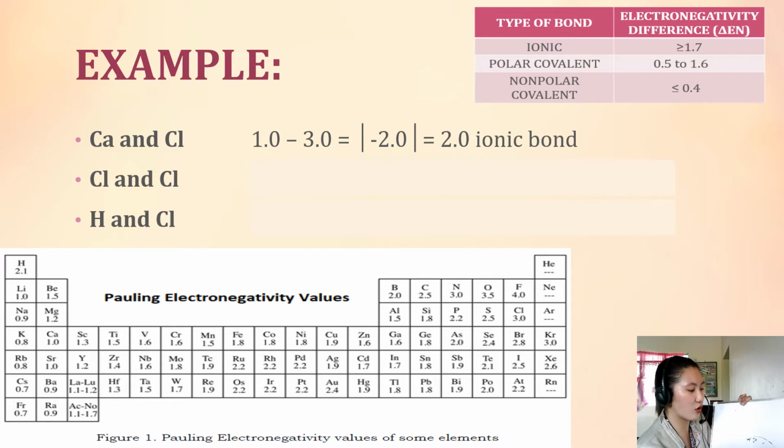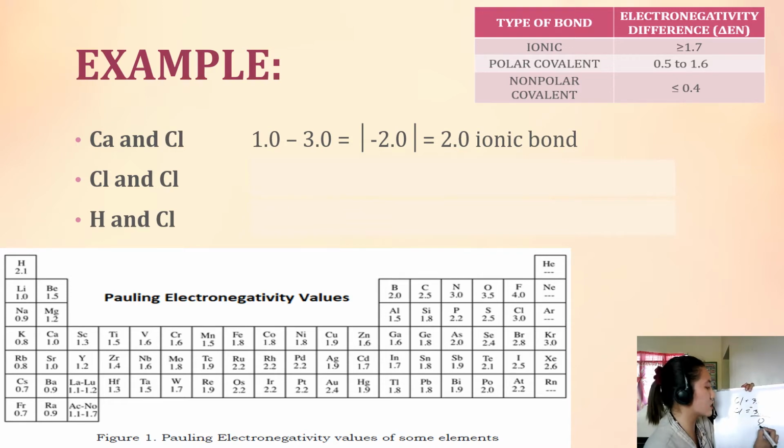two atoms of chlorine. So chlorine again has an electronegativity value of 3.0. So two atoms, so two 3.0s. You just subtract them to get the electronegativity difference and it will be 0. So 0 is less than 0.4.